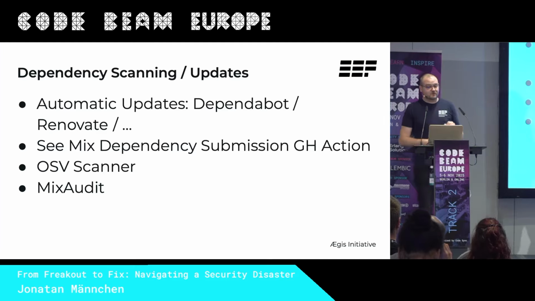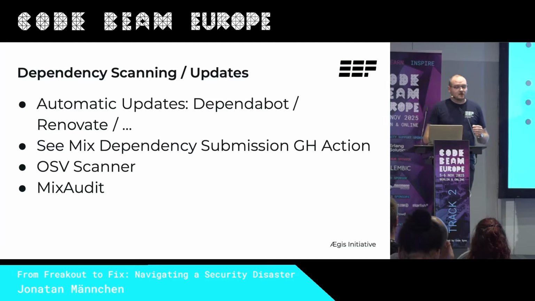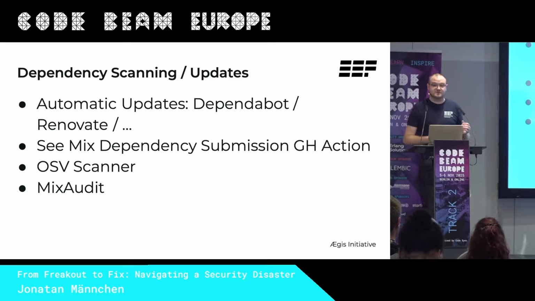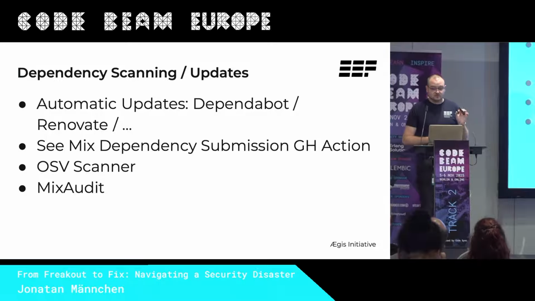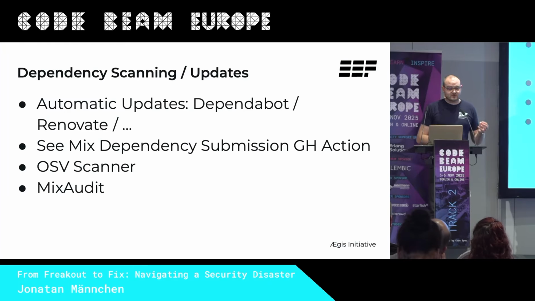The next important point is automation. First, you can use Dependabot security updates, so it opens pull requests whenever any of your dependencies ship a new security patch. And if you're not on GitHub, RenovateBot is a really cool tool which offers the same kind of thing, just across a lot of different platforms. If you're on Elixir, the mix dependency submission action extracts your Elixir project's dependencies and submits them to GitHub.